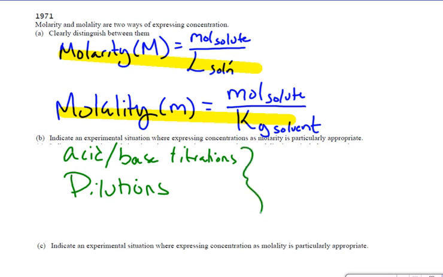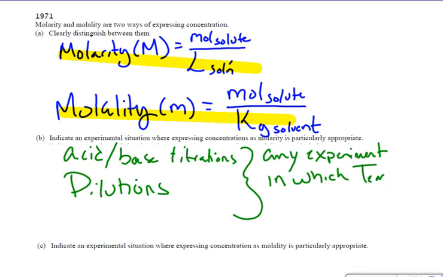So there's a large number of answers here, but the key thing is any experiment in which temperature is constant. No, I was not about to spell constant with a K, but we sometimes abbreviate constants with Ks, but let's just be a little more thorough.